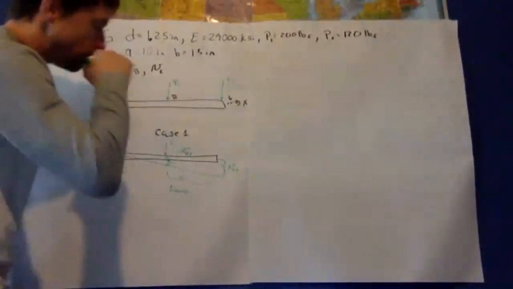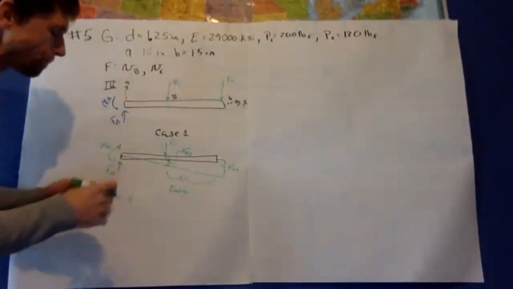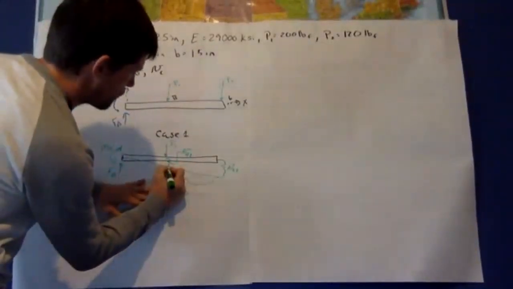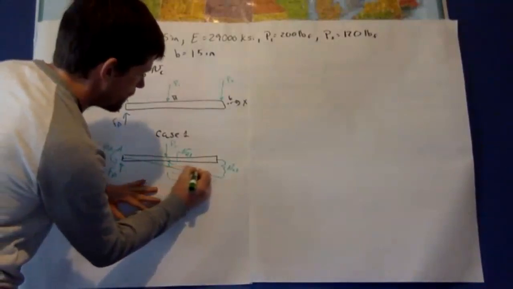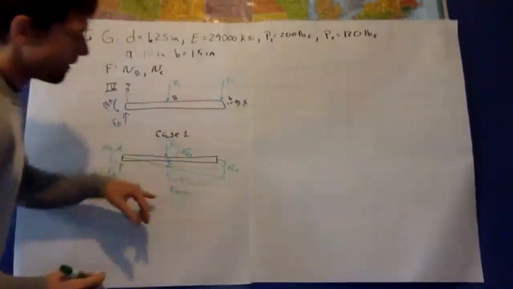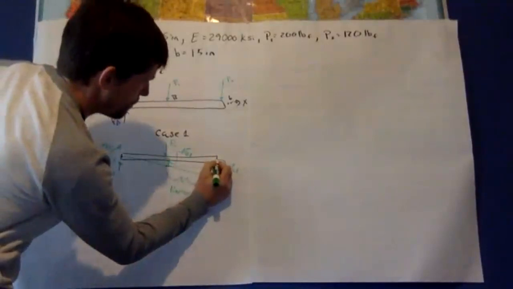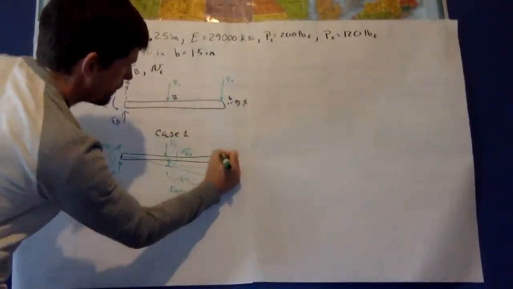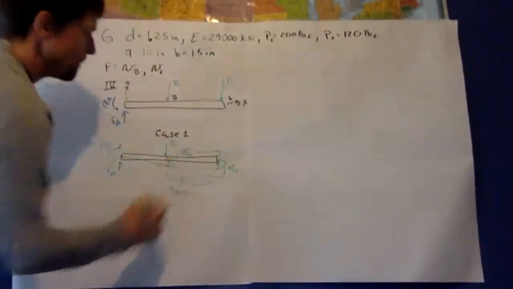All right, so I'm going to stick with case 1. Here's where some students get confused: if I draw a straight dotted line, horizontal to this x-axis, you have this space right here, which is actually VB1.